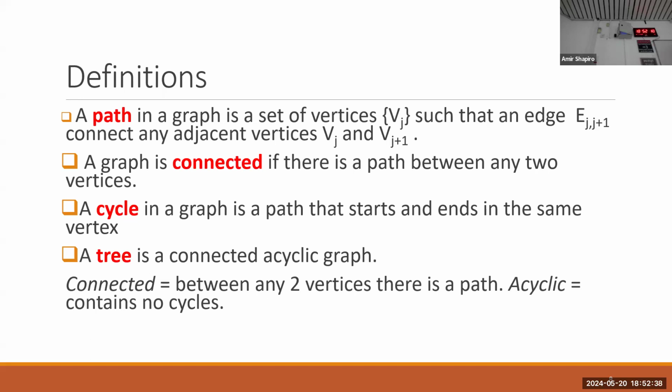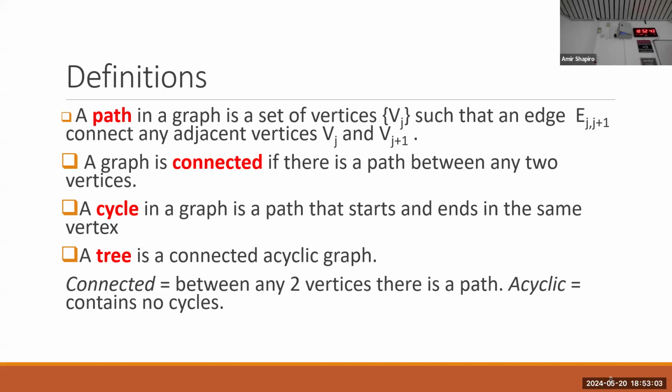A graph is connected, and this is another definition, if there is a path between any two vertices. So what is not a connected graph? If I had vertices here and vertices here, and there are no edges that connect them, like an island. If there is an island, it's not connected.